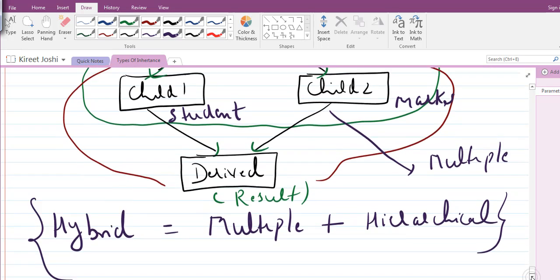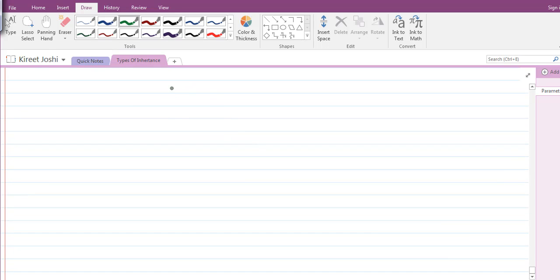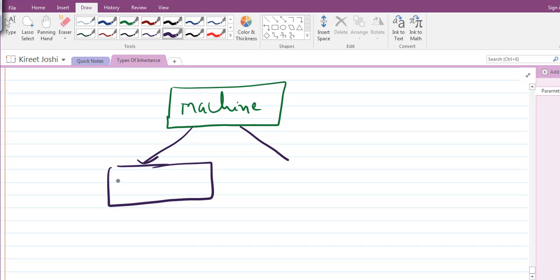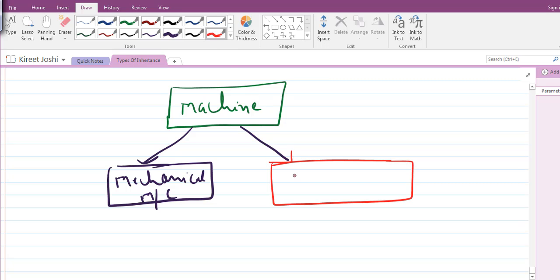Or you can take another example. For example, this is a machine, and from this class you have derived two classes. The first one is a mechanical machine, and the second is an electronic machine. I'm just taking a hypothetical example.